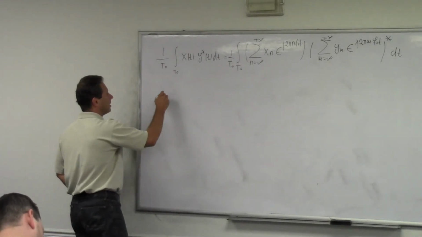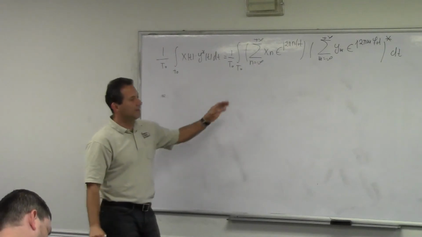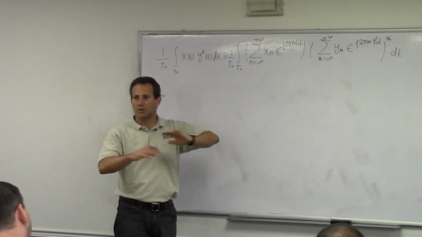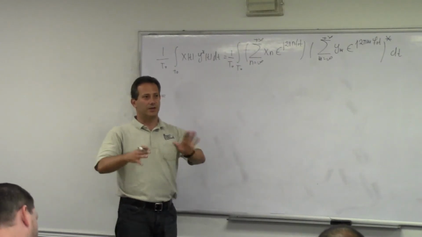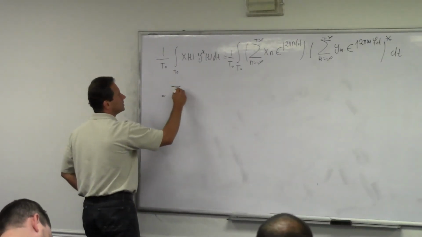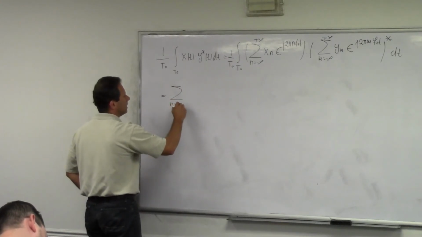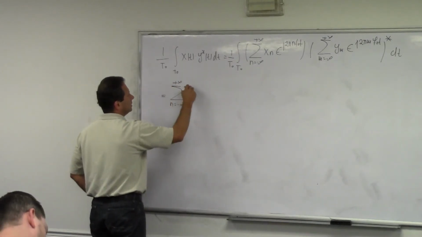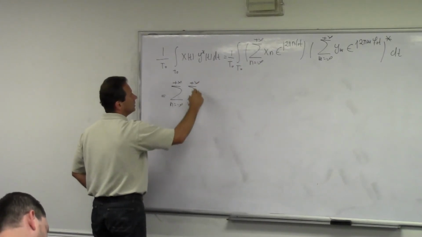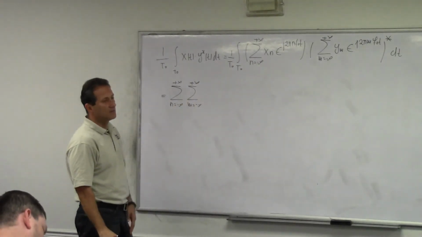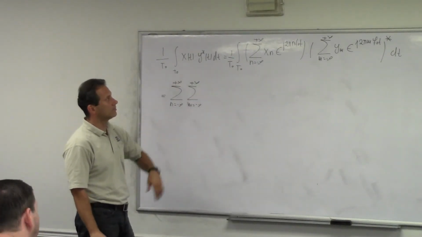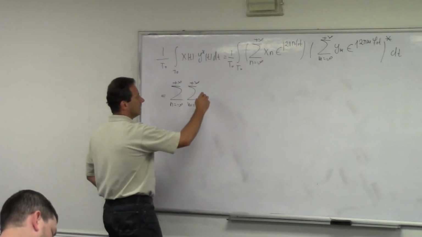And like in all the problems, I keep on saying that whenever things get complicated in communications, you swap the order of integration and summation, and they tend to simplify. So here I'm going to do this. It's going to be the sum, n goes from minus infinity to plus infinity, sum, m goes from minus infinity to plus infinity. Let's put here whatever doesn't require any t, because I'm going to just take out whatever does not have t.